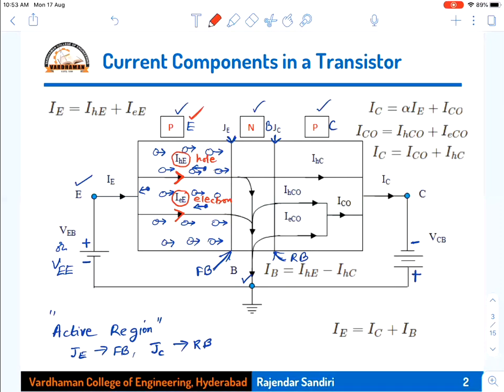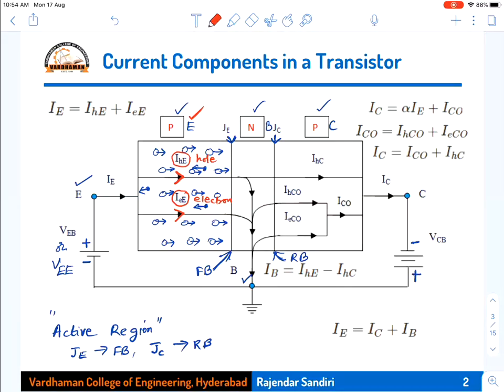So in the emitter region, when it is forward biased, the emitter is p type semiconductor material, and it has holes as majority charge carriers and electrons as minority charge carriers. Holes will be moving from emitter to base side, and electrons are moving from base side to emitter side, and they are opposite in nature. Those two charge carriers constitute the current, and that current flows in the direction of the flow of holes, from emitter to base.